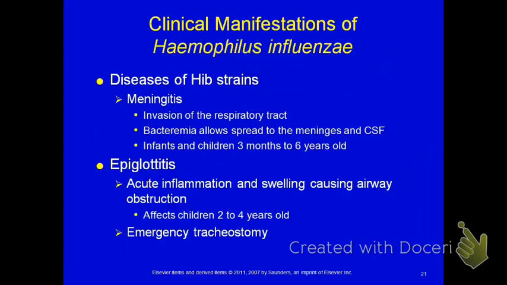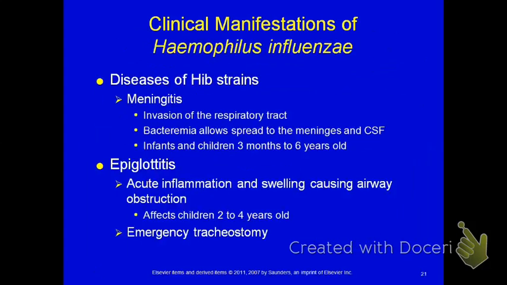Meningitis is the invasion of the respiratory tract. Then the bacterium would spread to the meninges and CSF. Mostly affected here are infants and children from 3 months to 6 years of age. Epiglottitis is the inflammation of the epiglottis.